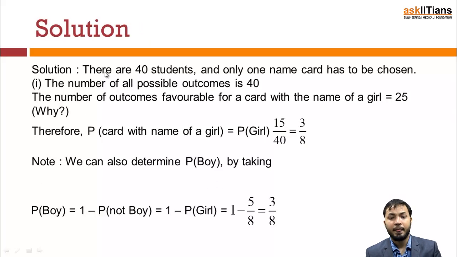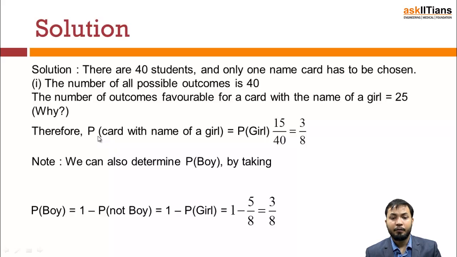If you look into this, there are 40 students and only one name has to be chosen. The number of possibilities is 40, so that is the sample space. The number of outcomes for a card with the name of a girl is 25. You need to understand why: because there are 25 girls out of 40, so the chances of the name coming out to be a girl is 25.